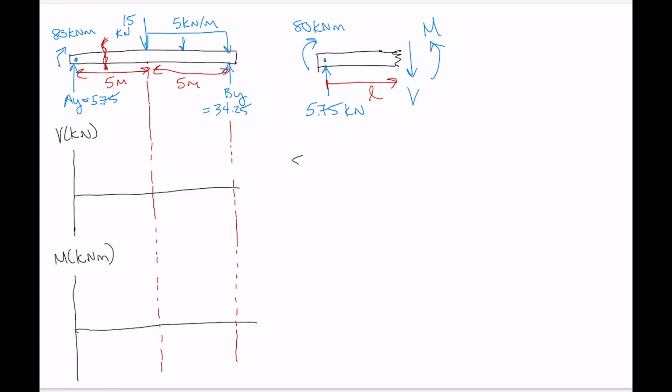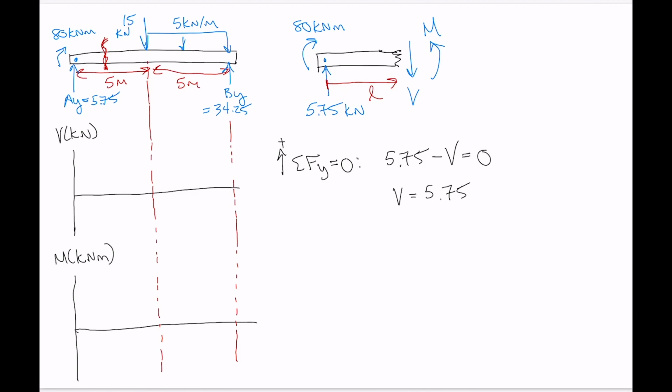So first of all, if we look at the sum of the forces in the y direction equal to 0, this one's pretty easy. We have 5.75 upwards, and then we have minus V downwards has to be equal to 0. So our equation here is V equals 5.75.